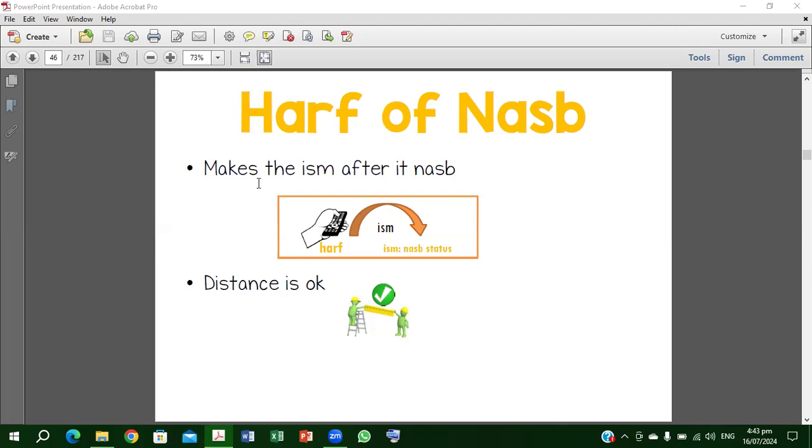It makes the ism after it be in the status of nasab. Why were the other 11 letters called harf of jar? Because they were giving kasra, yani the status of jar, to the nouns. And why are these called harf of nasab? Because they are giving the status of nasab to the ism that comes after them.